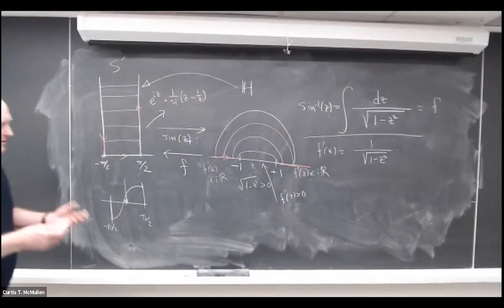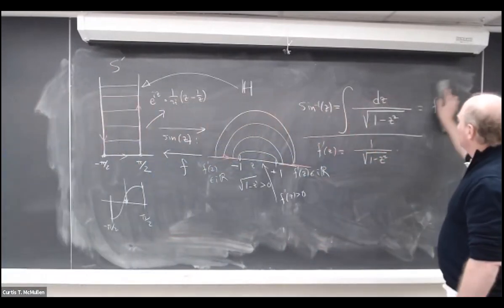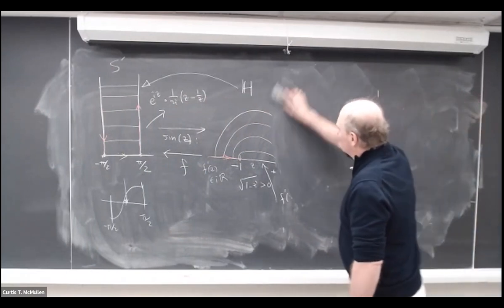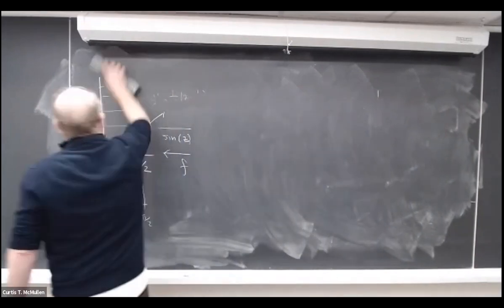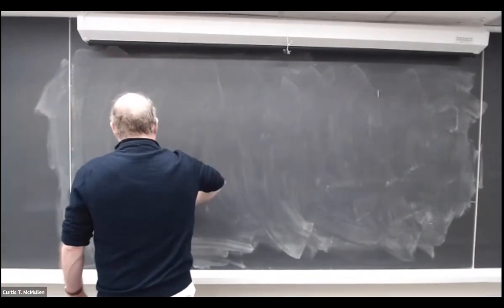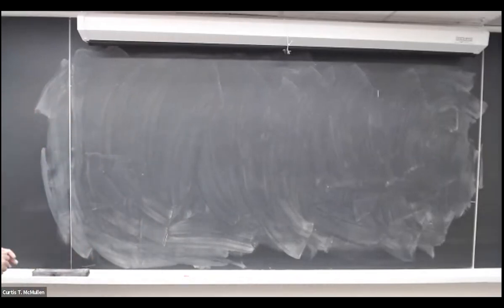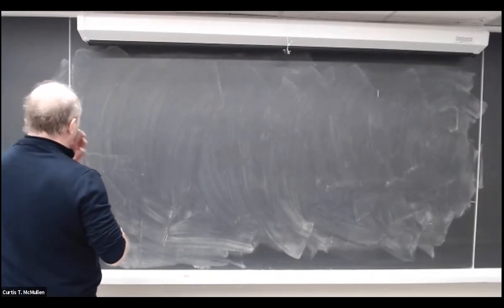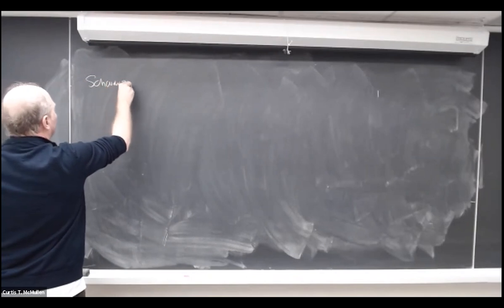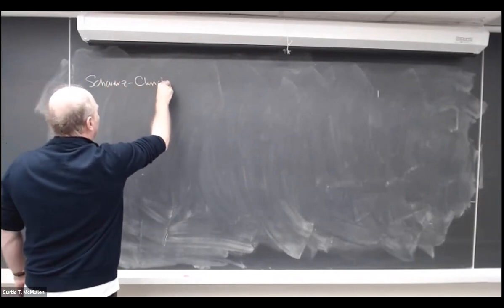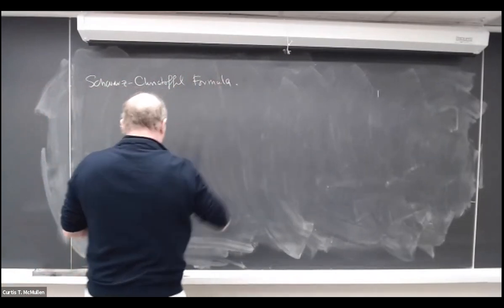If this were a course on conformal mapping, I could elaborate quite a bit, but I want to give you the idea because it provides a beautiful connection between algebraic functions, conformal mapping, elliptic functions, and the Riemann mapping theorem. So here is a version of the Schwarz-Christoffel formula.